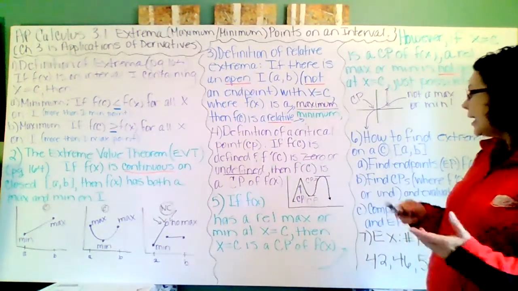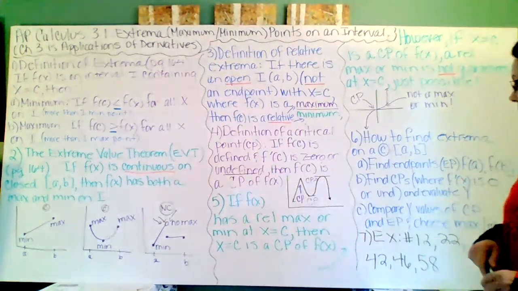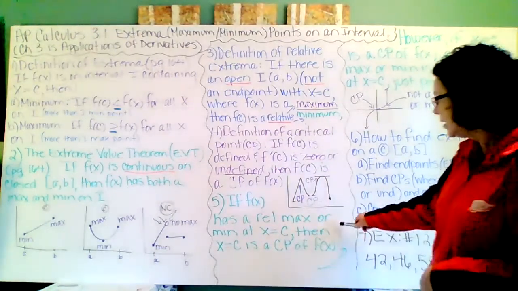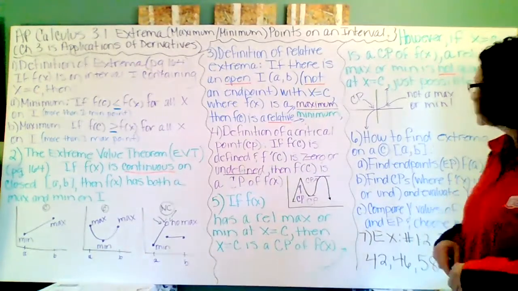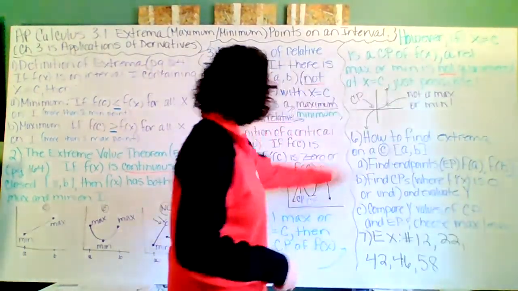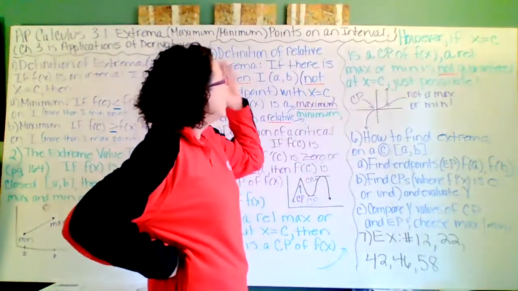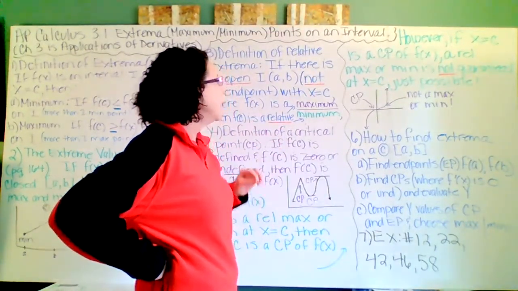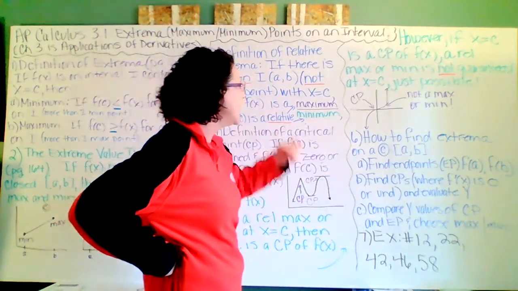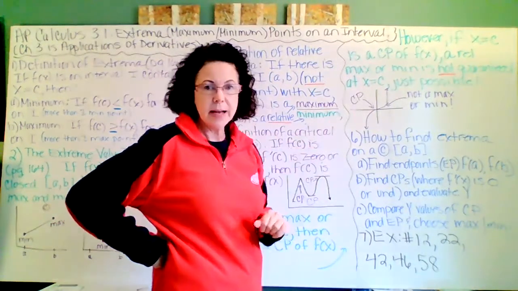Number 5, if f of x has a relative max or minimum at x equals c, then x equals c is a critical point of f of x. Let's go over here though. Let's continue in green. However, if x equals c is a critical point of the function, a relative max or min is not guaranteed, just possible.